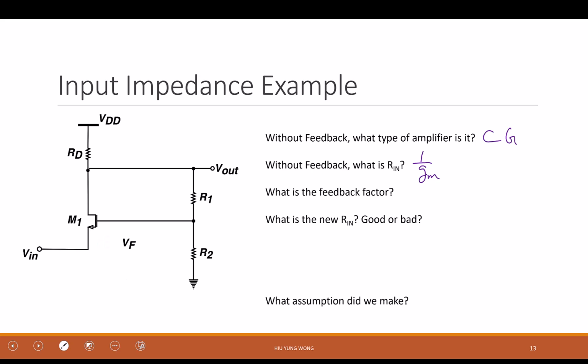Because the reason we get 1 over GM is that we solve the small signal model and we find that RD has no effect when the channel length modulation is not much or you have very large RO. What is the feedback factor? K equal to R2 divided by R1 plus R2, okay? So based on what we have learned, what will be the input impedance of this new circuit?